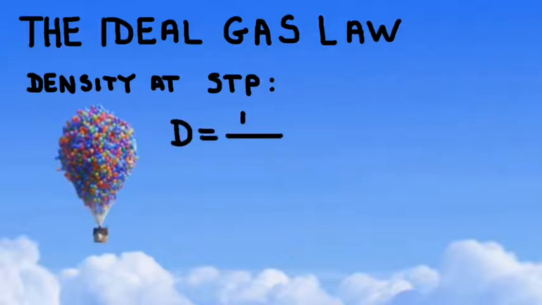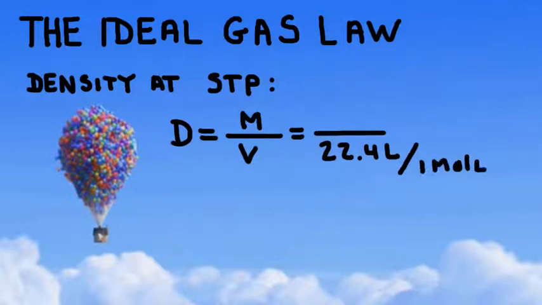We can calculate the density of anything by using the equation mass divided by volume. In this case, we know or can use the volume of 1 mole of a gas at STP is 22.4. And so we have to divide that into the corresponding mass of 1 mole, which is, of course, the molar mass of the substance.